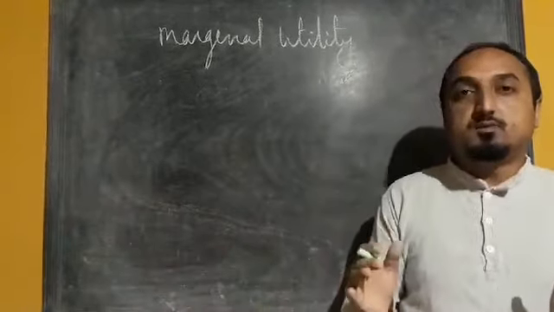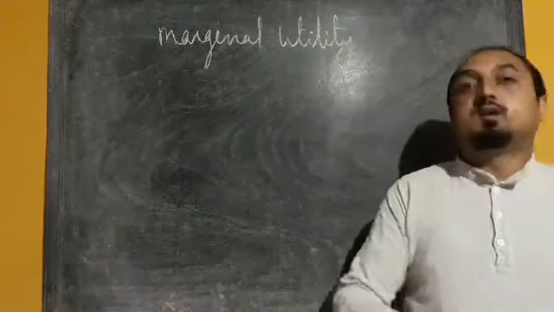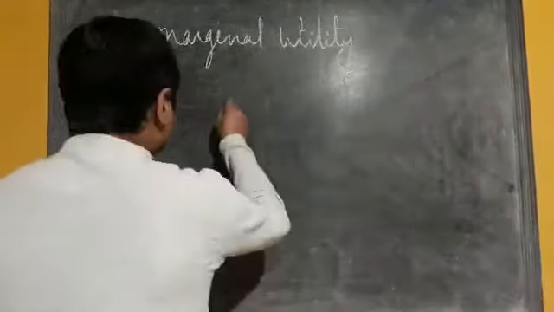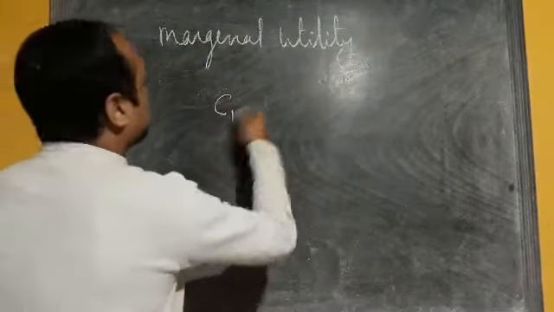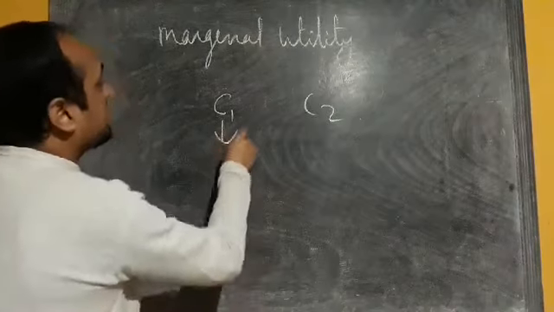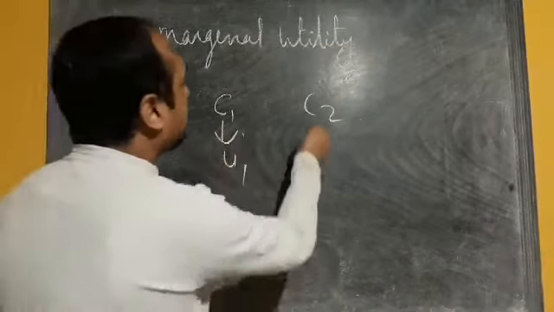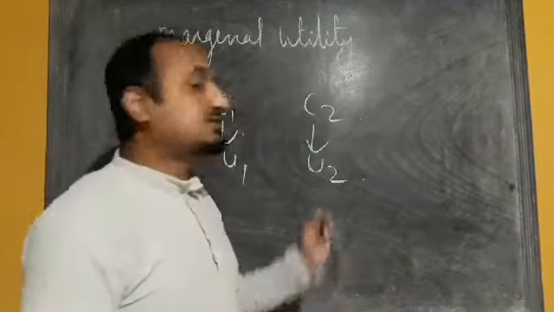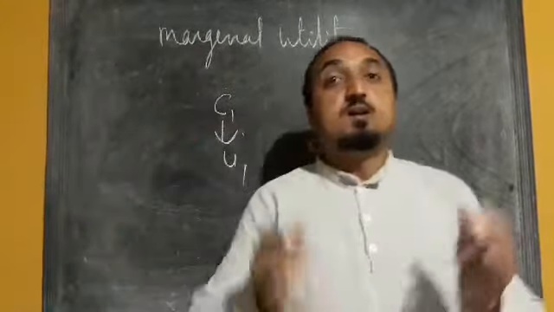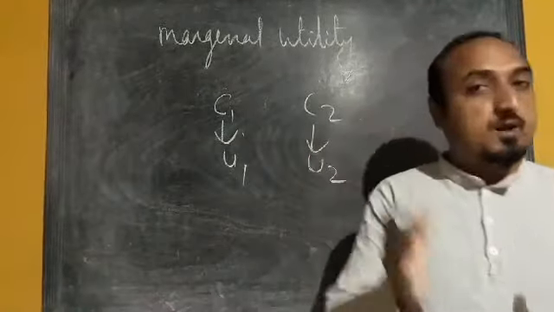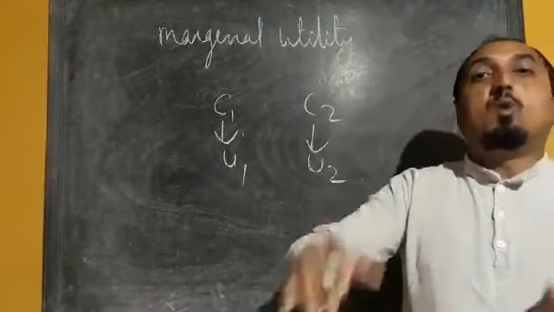So when we are consuming different units of a commodity, suppose two chapatis, you are getting U1 from the first unit and U2 from the second unit. So we see the additional level of satisfaction obtained from consuming one more unit.